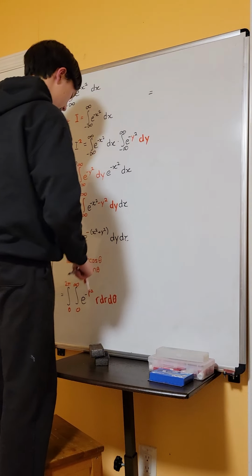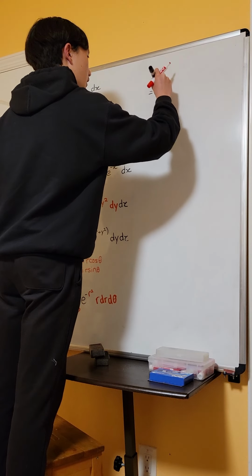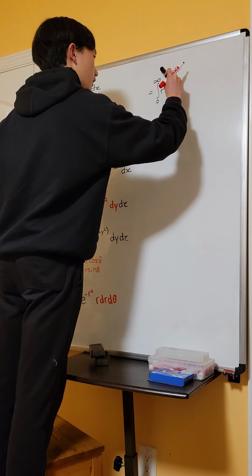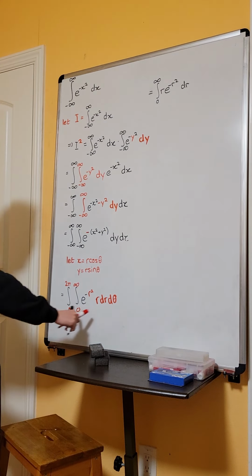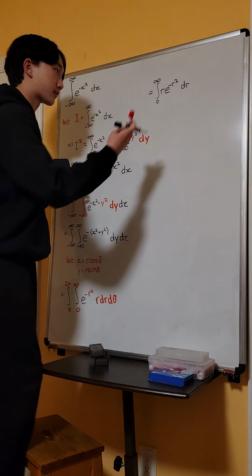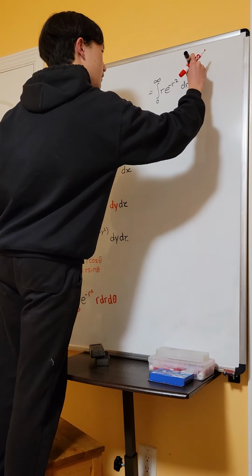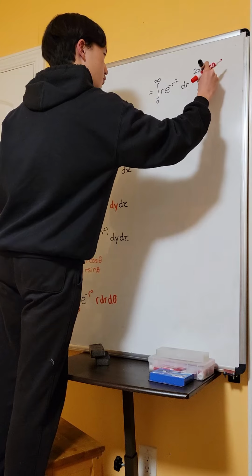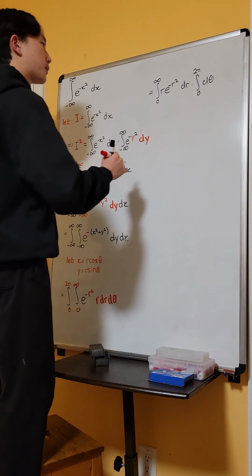So let's take this guy outside. So you have integral from 0 to infinity, r times e to the negative r squared dr, and then you have this integral left. So bound in the theta. That's basically it. So you're multiplying by integral from, the bound was 0 to 2 pi, and then it was just d theta.